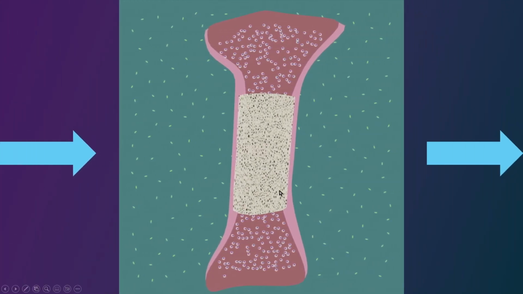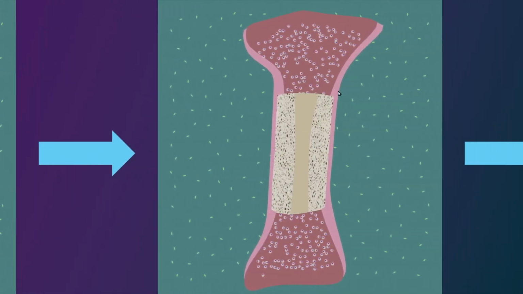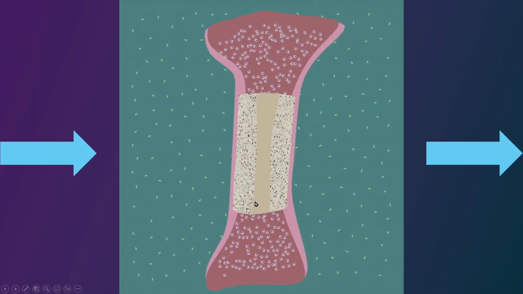Then in the core, this bone is dissolved, and the hematopoietic stem cells and mesenchymal cells that came here form the bone marrow. I'm sorry, this is not bone matrix, this is bone marrow. Please correct it.